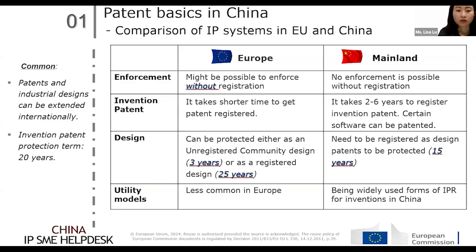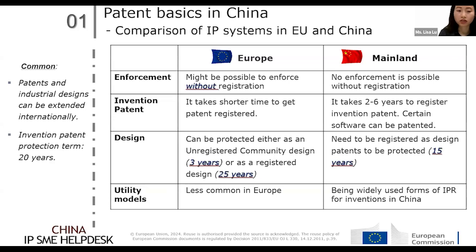So for invention patent and utility models, you can consider to use PCT, the international system, to extend to China. And for industrial design, you can use the Hague system to extend to China.